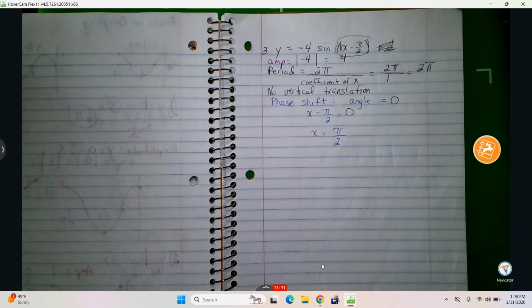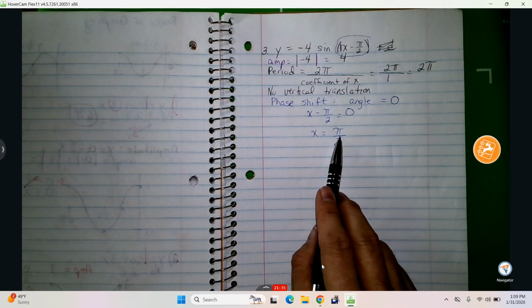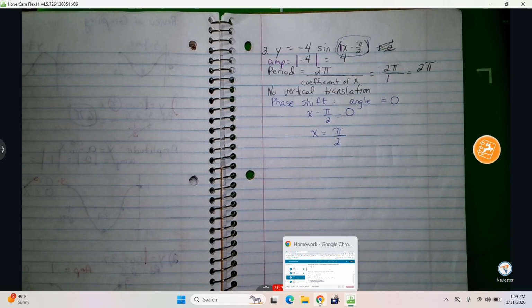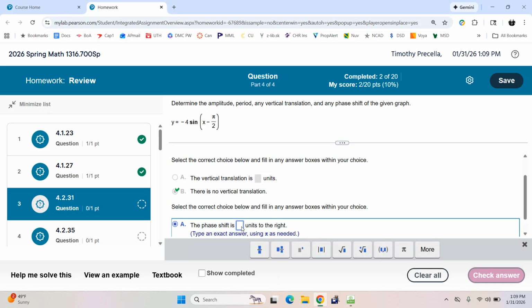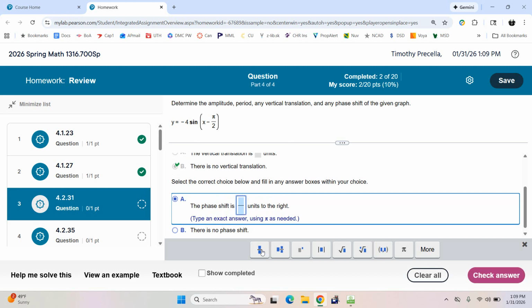Instead of starting at 0, the primary cycle is starting at pi over 2. So let's see, how do they word this? The phase shift is, oh, well, heck, I thought we were going to have to say to the right, but they've already said it. That's telling us that the phase shift number better be a positive number. If we had wound up with a negative number when it's clearly to the right, that means we messed up, doesn't it?